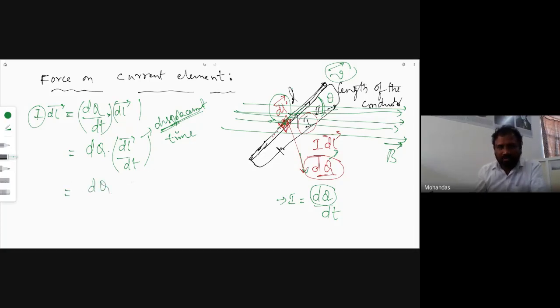So this is the charged particle velocity v. So I am replacing dl by dt with the velocity, and is the velocity scalar or vector? Vector. So I dl can be written as dq into v. I dl equal to dq into v. Let us say this is equation number 1, and this is equation 2.